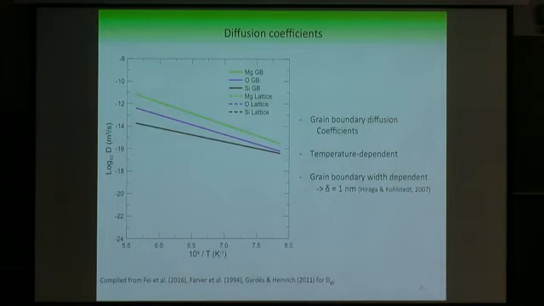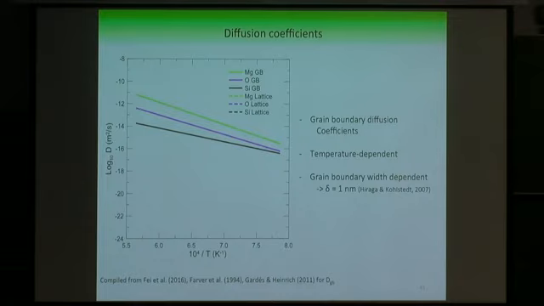So I've looked up in the literature the behavior of these diffusion coefficients. So here you have diffusion as a function of inverse of temperature, and these lines here correspond to the diffusion coefficients of grain boundaries. So green magnesium, blue oxygen, and black silica. So it's a temperature-dependent process.